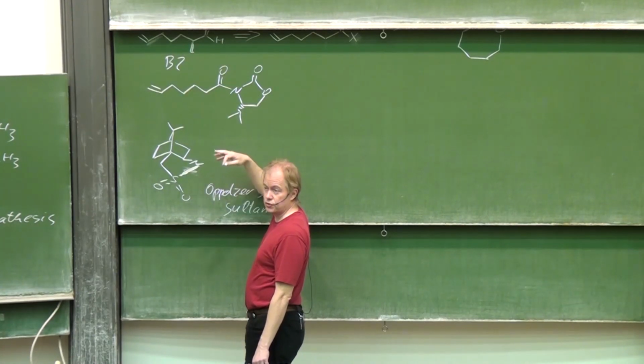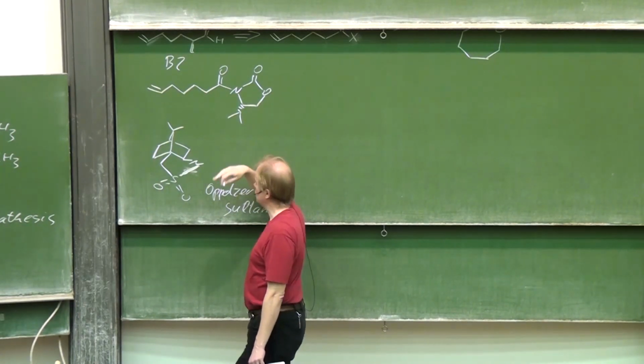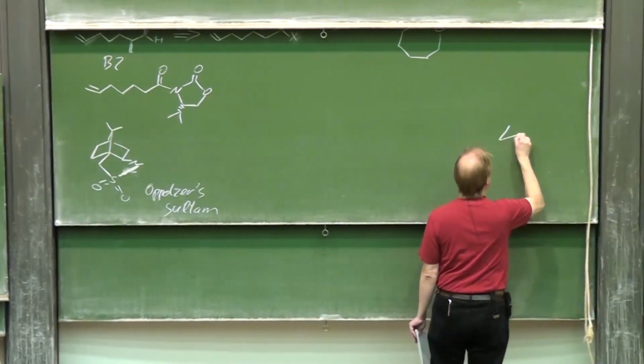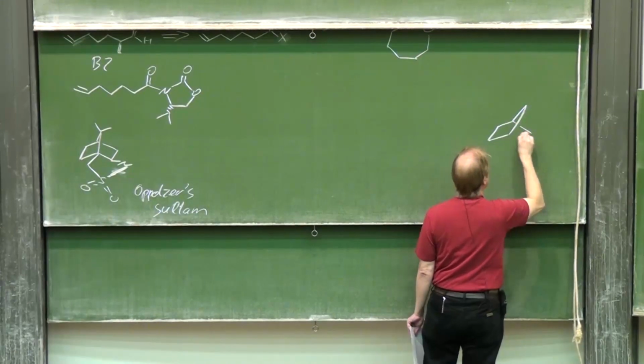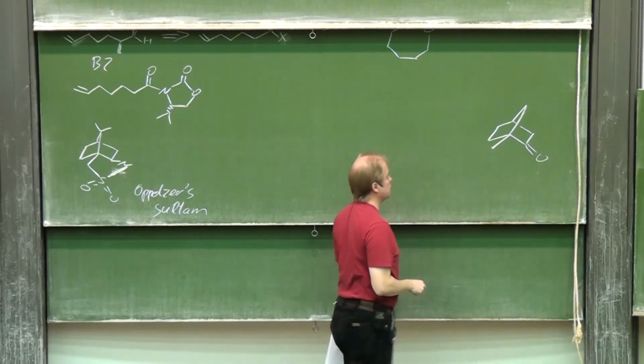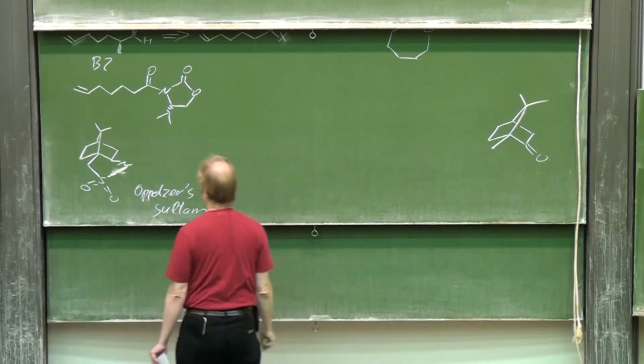You can produce directly, it's a one-step synthesis, a remarkably easy synthesis, the corresponding camphorsulfonic acid. So camphor is this structure.